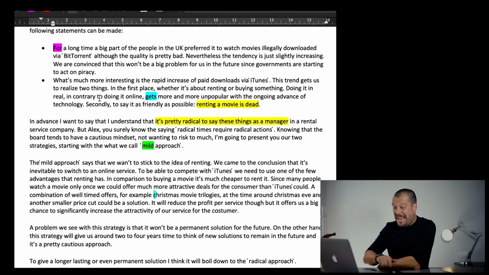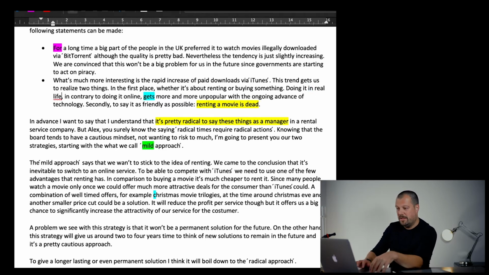And we have a bit of a tense issue here. We don't say doing it in real life. We're missing the word life there. Doing it in real life, contrary to doing it online, we need to have here is getting.